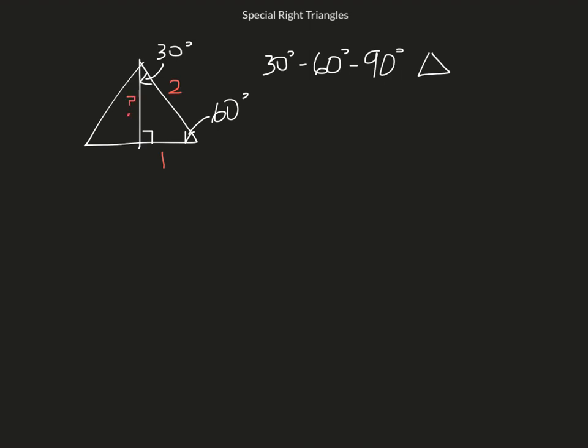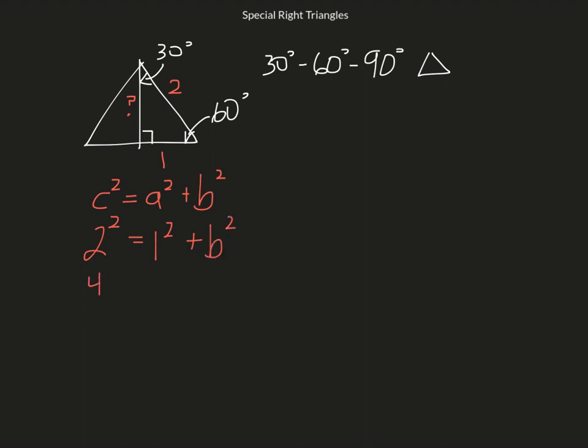So then what is the long leg? Well, we can use the Pythagorean theorem, right? We remember that the short leg is referred to as a, the long leg b, and the hypotenuse c. So if c squared equals a squared plus b squared, we know that 2 squared is going to equal 1 squared plus b squared.